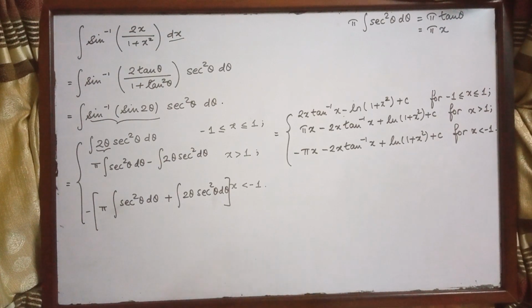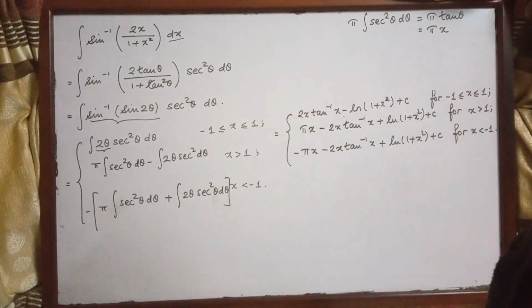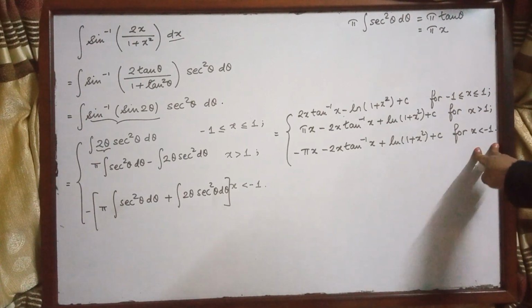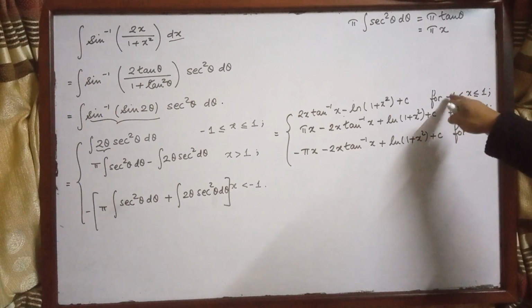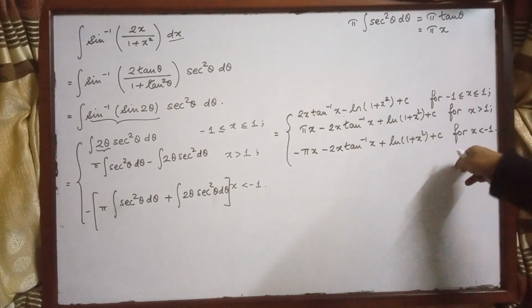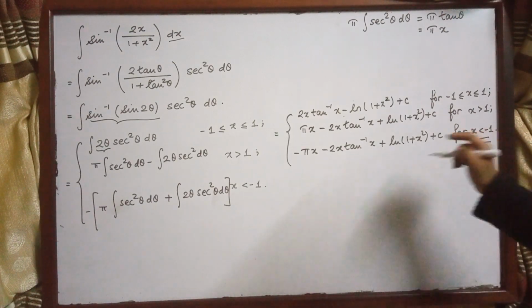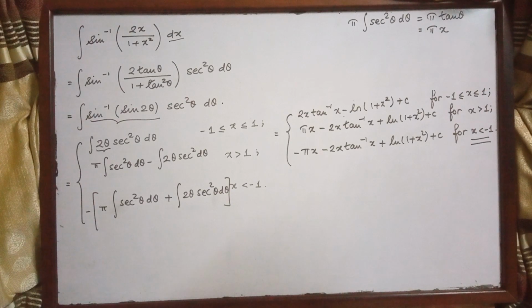All right, so we've covered the entire domain of the inverse tangent function, for all real values between 1 and minus 1, greater than 1 and less than minus 1. This is what the antiderivative or the indefinite integral should look like.